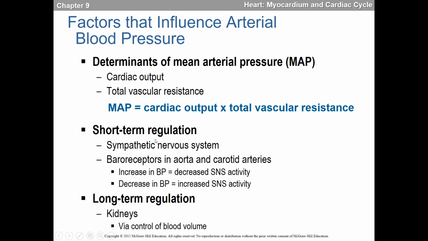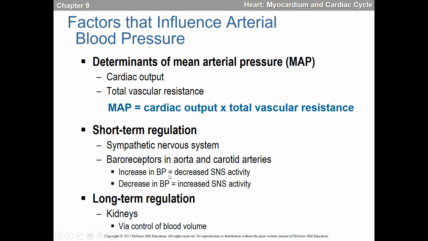Now, there are some things that have short-term and long-term regulation. Generally, the sympathetic nervous system, so here we think about fight or flight, norepinephrine, those types of things, has a pretty large impact on short-term regulation. Also baroreceptors, which really are just pressure receptors, detecting that.